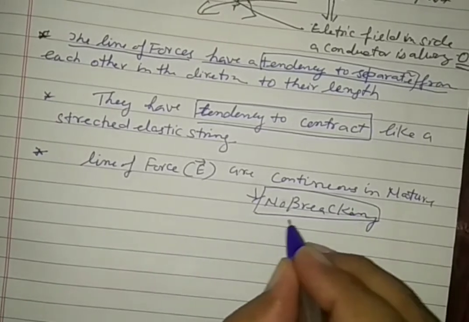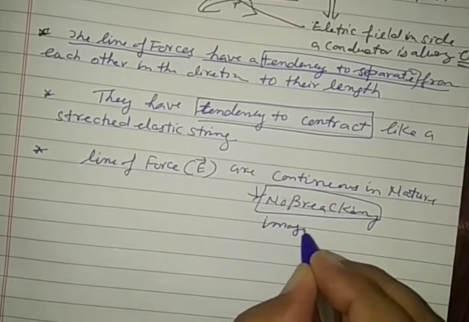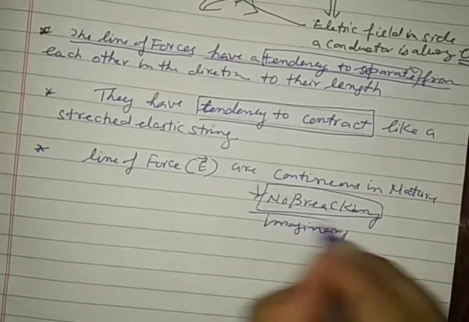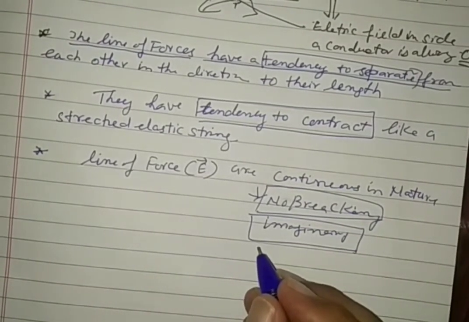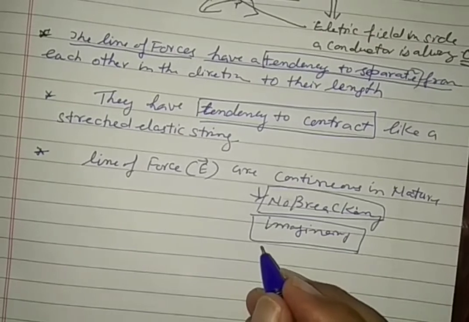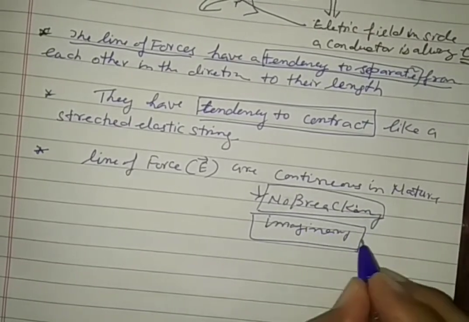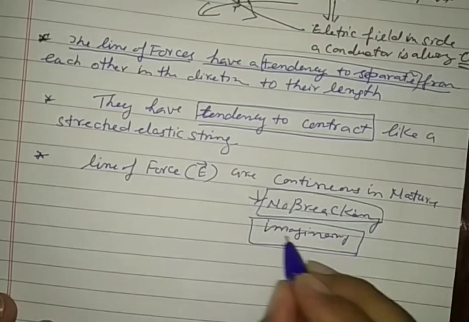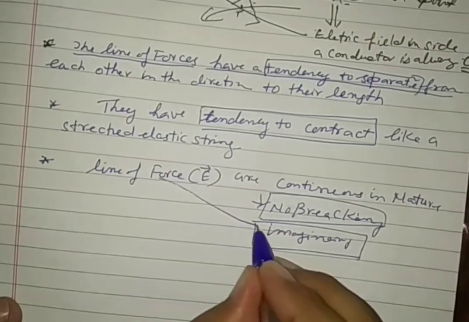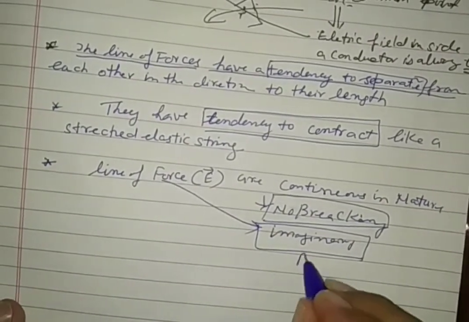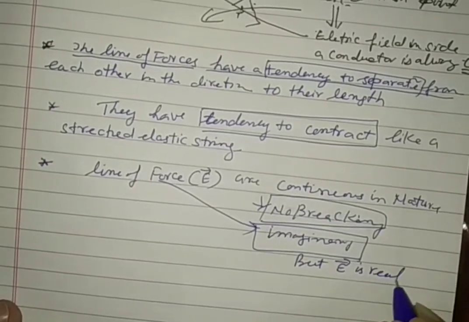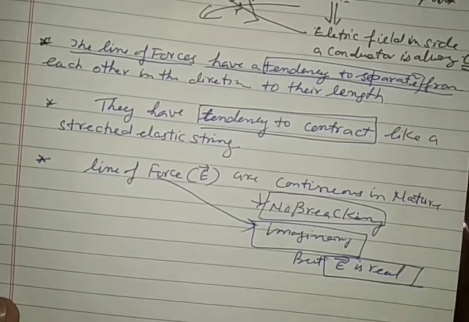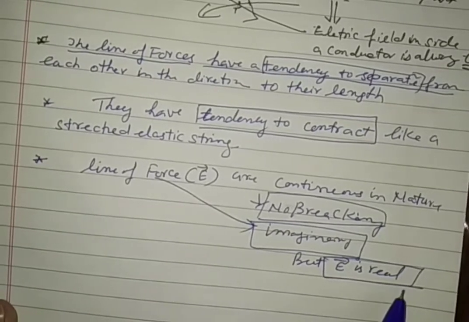These lines are imaginary, not real. But the electric field they represent is real. Line of forces are imaginary, but electric field is real. See the contrast, and it is required to understand.